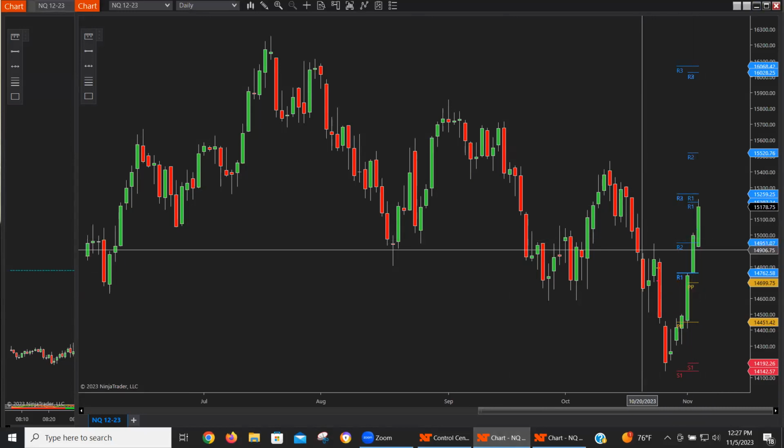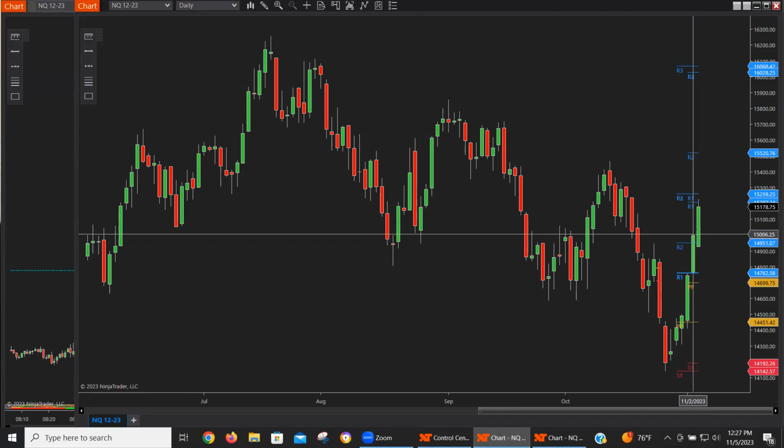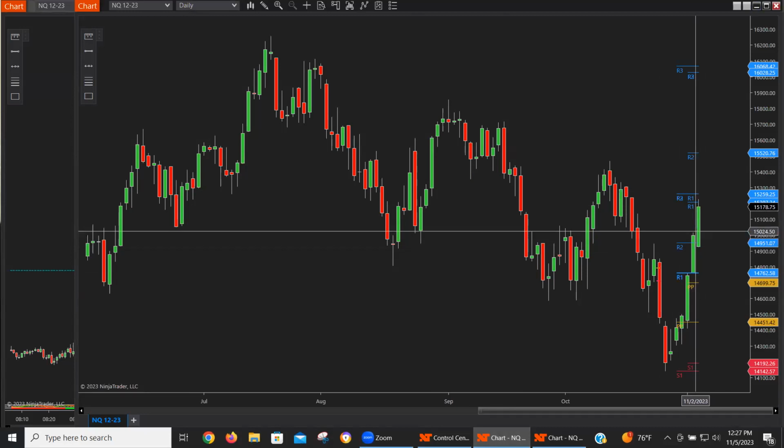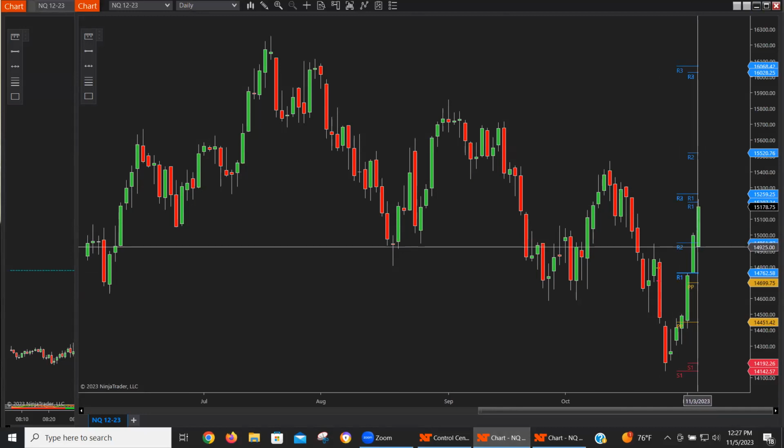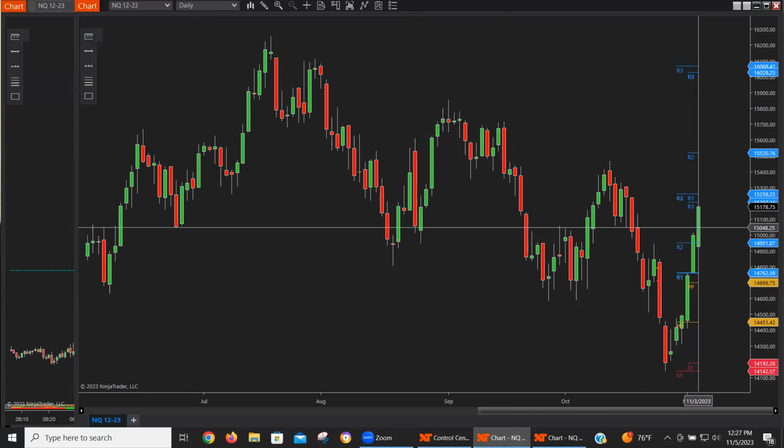Looking at your daily is looking at, okay, what is my bias for the day? If I came in here and saw this candle being created, because I wouldn't have caught it down here, this happened at 6 p.m. the previous day, so I'd be done trading. I wouldn't be looking at this until maybe 9 a.m. the next day, just to see where I'm at inside this daily candle.